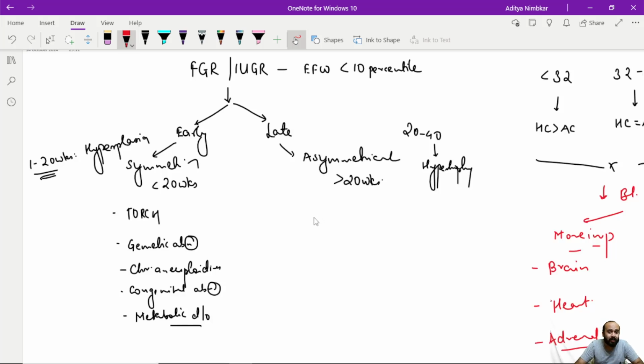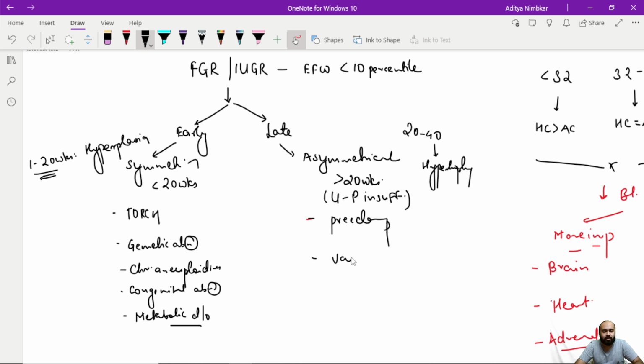So coming back to the topic, what are the causes of asymmetrical FGR? Anything vascular that is leading to uteroplacental insufficiency. Basically whatever reduces the blood supply to the fetus is going to lead to that. So what are the causes? First of all, it is going to be preeclampsia, severe preeclampsia. So preeclampsia, basically uteroplacental insufficiency. What more?